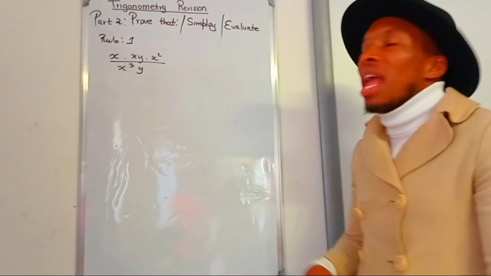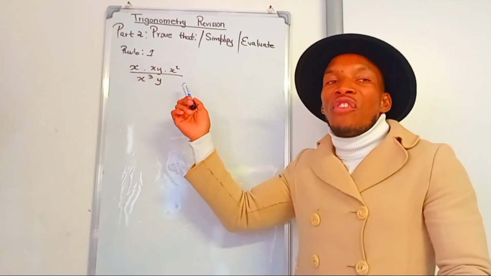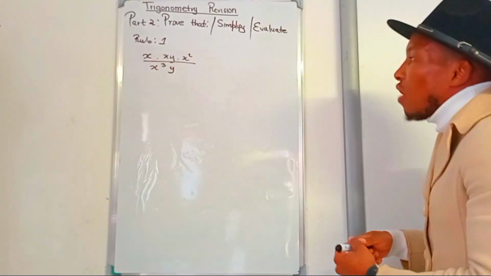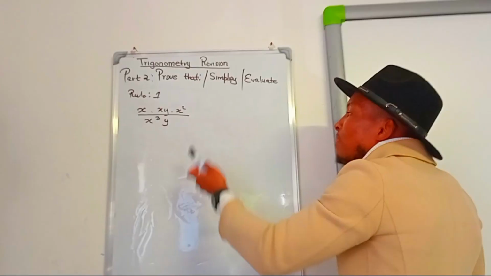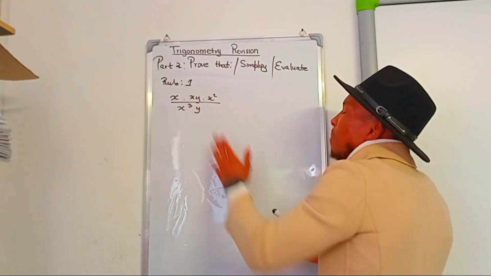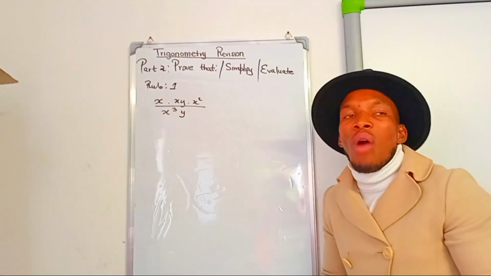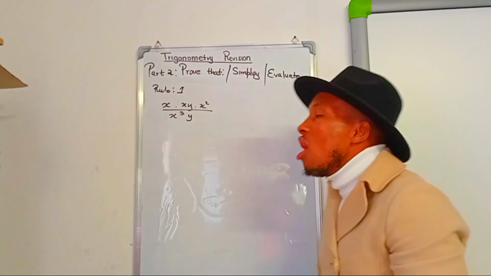Like for this example, do you see we have only one fraction here? Then for this fraction, we are just going to simplify and solve for the values of x and y, okay? What is happening here? It's very simple. We are just applying the laws of exponents.